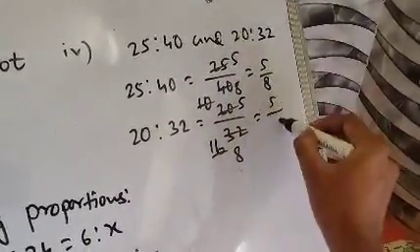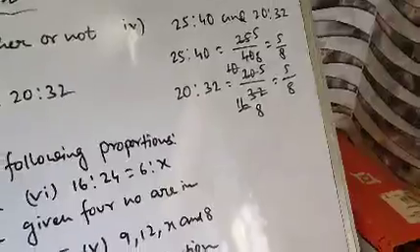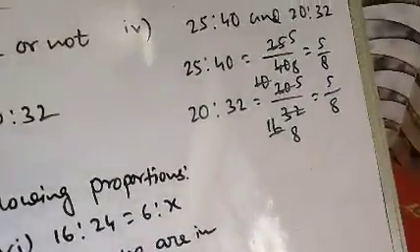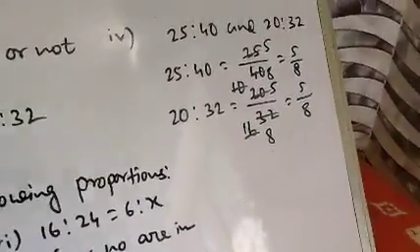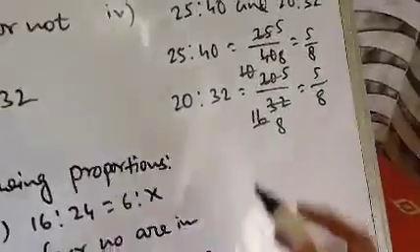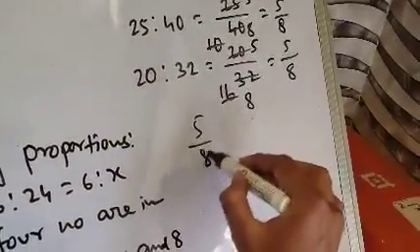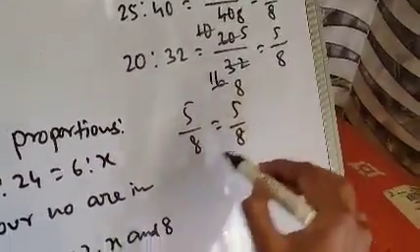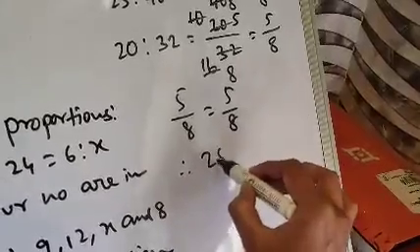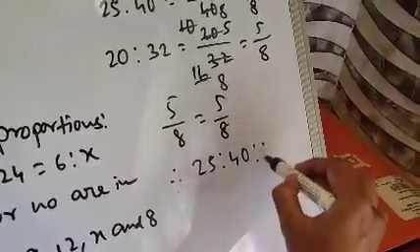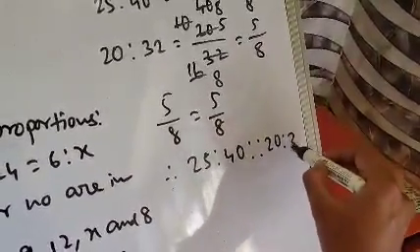Now see, both are 5 by 8. So we can say that this is our example of proportion. These two ratios will be in proportion. So 5 by 8 is equal to 5 by 8. Therefore we can write 25:40 proportion 20:32.